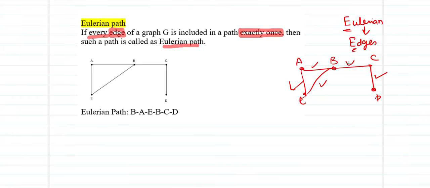So all the edges are covered, and how many times? Exactly once. So such a path where you go B, A, E, B, C and D will be called an Eulerian path as it covers all the edges exactly once.